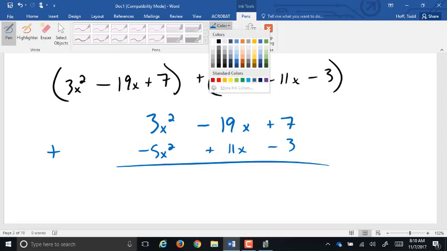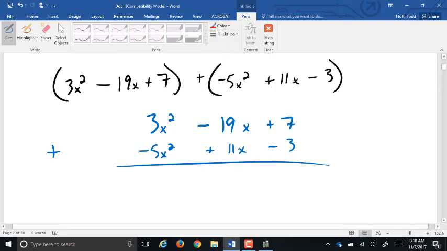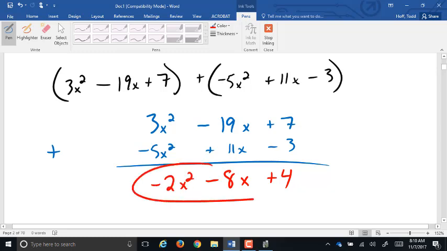We are adding 7 plus negative 3, positive 4. So you're going to put a plus in front of it. Negative 19x plus 11x, negative 8x. Now that negative becomes a minus that links it to the next term. 3x squared plus negative 5x squared, negative 2x squared.